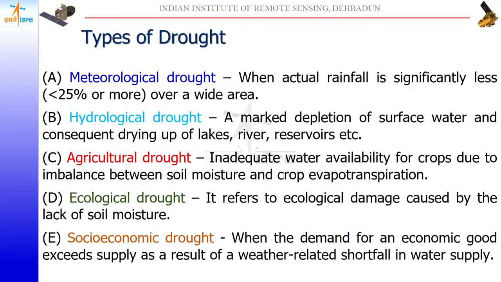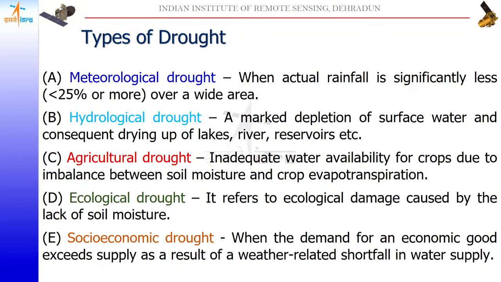Because of the unavailability of rain or soil moisture, various organisms living on the surface or near water bodies are significantly affected, and that may lead to ecological imbalance. Ecologically, it means one kind of organism may be higher in population and another lower because of the unavailability of moisture or water. This is defined as ecological drought.